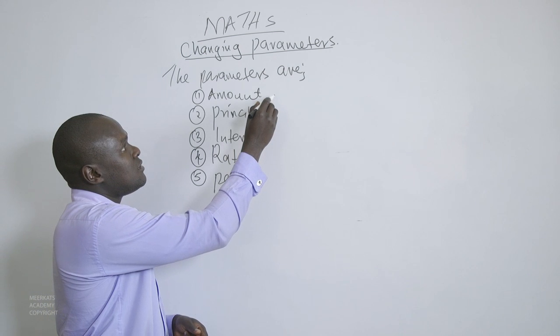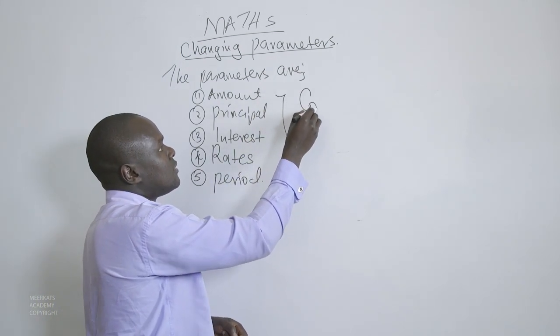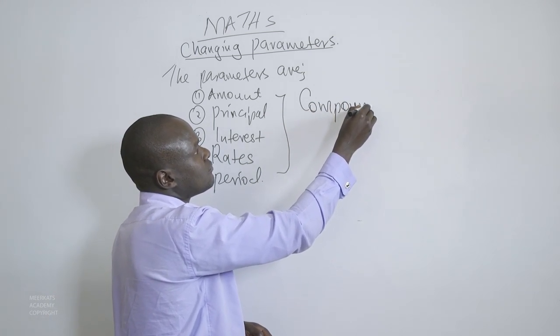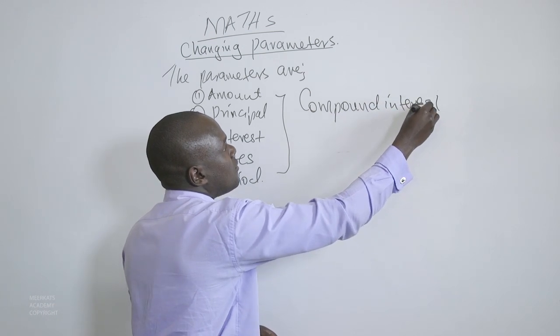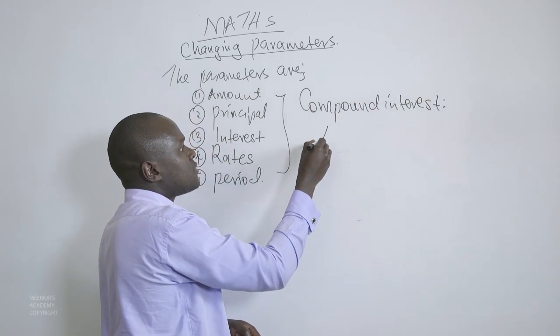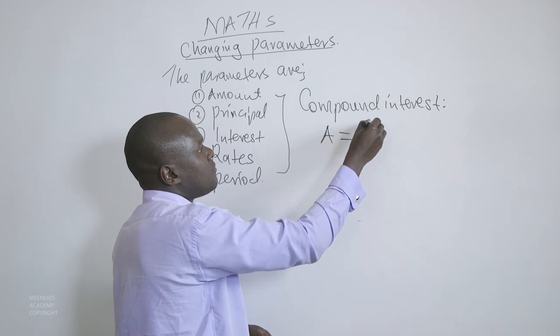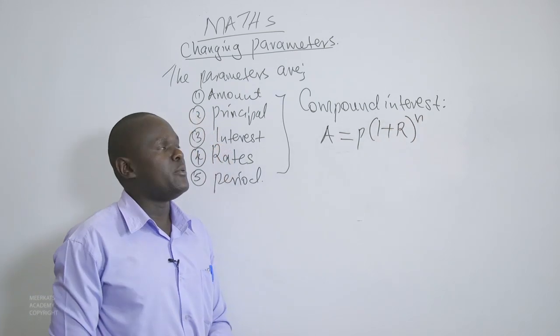Maybe just a reminder, let us state the compound interest formula. The compound interest formula has the amount, the principal, the rate, and the periods.